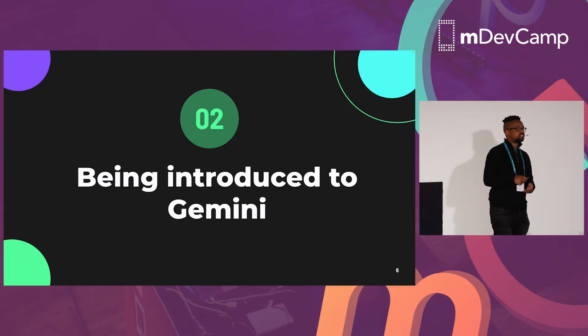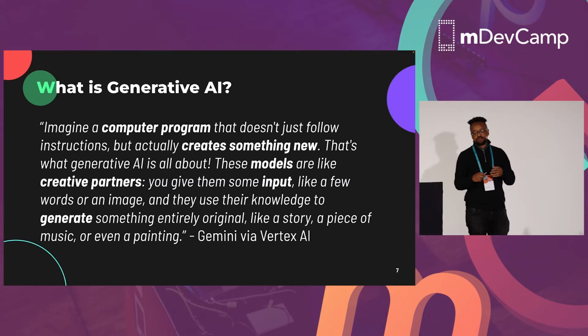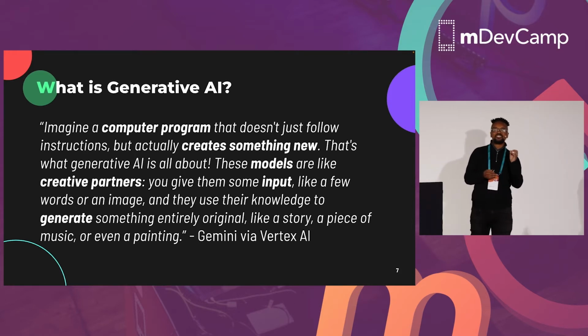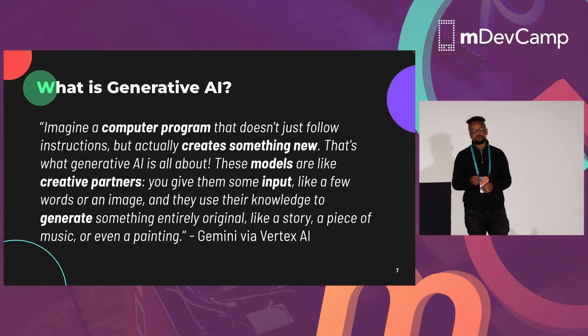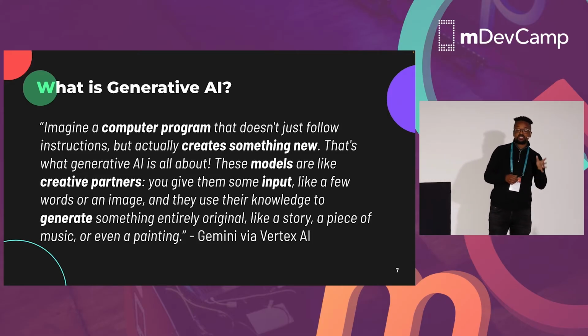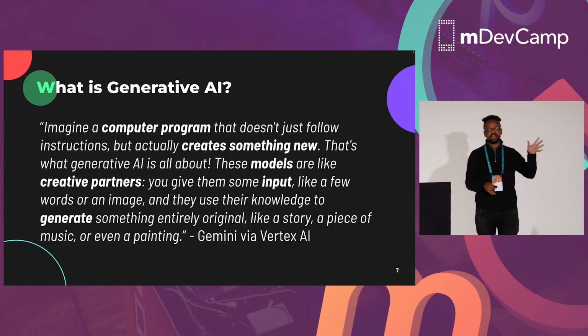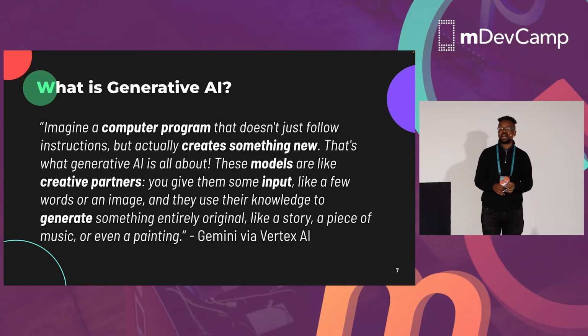So being introduced to Gemini, and to have an understanding of what Gemini actually is about, an understanding of what generative AI is important. So generative AI, and I asked Gemini, by the way, for this definition. I asked Gemini, hey, can you give me a layman's definition of what generative AI is about? And this is what Gemini actually said.